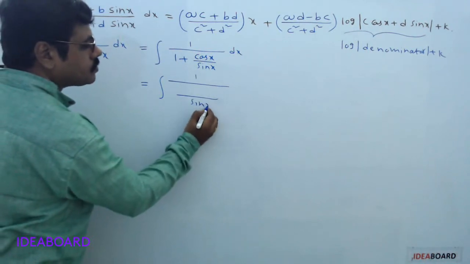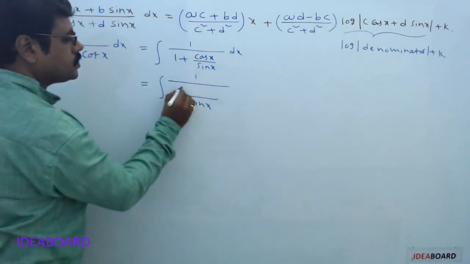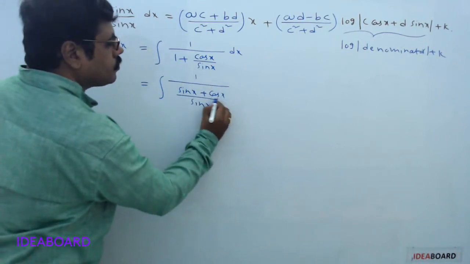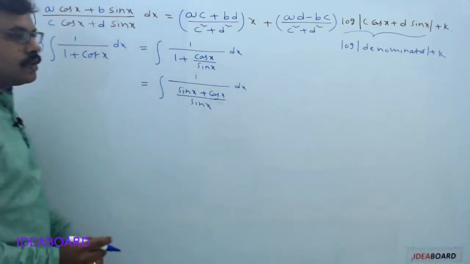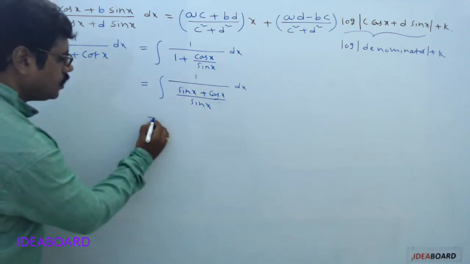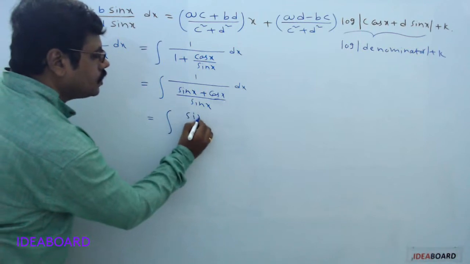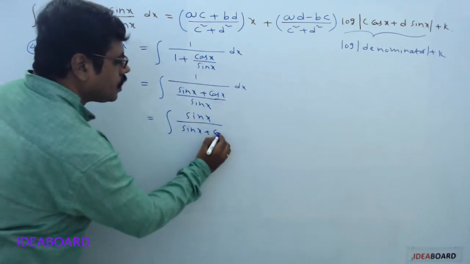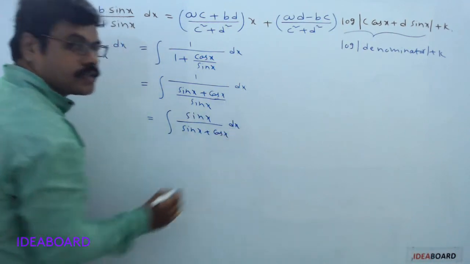Sin x. 1 into sin x plus cos x dx. Now here this sin x term will be transferred to the numerator. It is equal to integral sin x divided by sin x plus cos x dx.